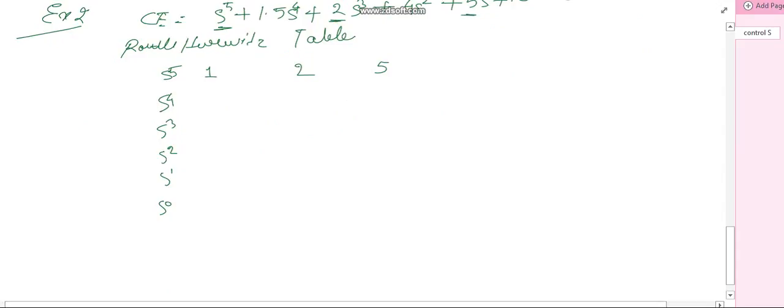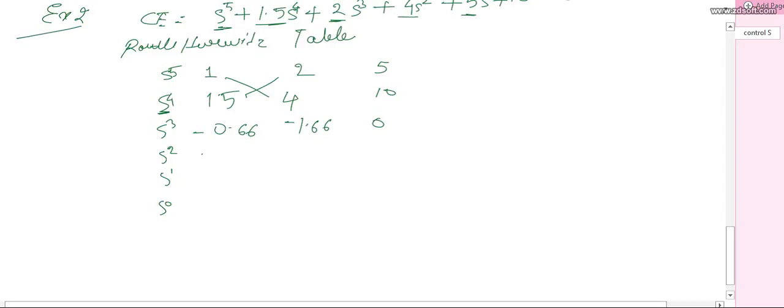Now for s to the power 4, you choose 1.5, then you choose the next even number, this is 4, and this is of course 10. Now again cross multiply and subtract, and here getting minus 0.66, and here getting minus 1.66, and here you're getting 0.